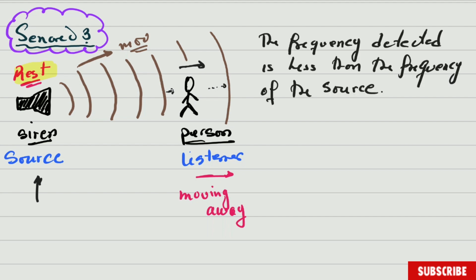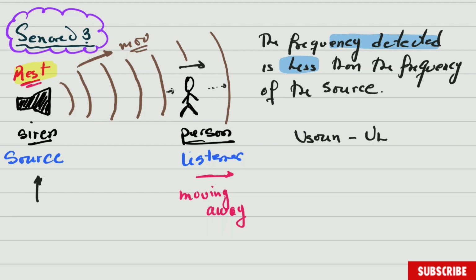So if the person is moving away, the frequency detected is going to be less than the actual frequency produced by the source. And in the formula, in this case, you're going to say the speed of sound minus the speed of the listener.